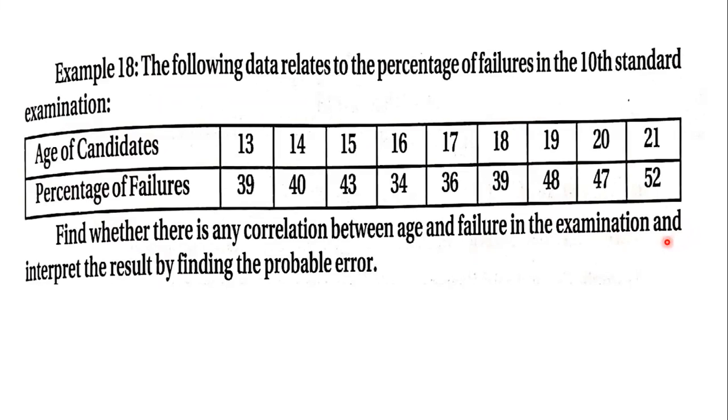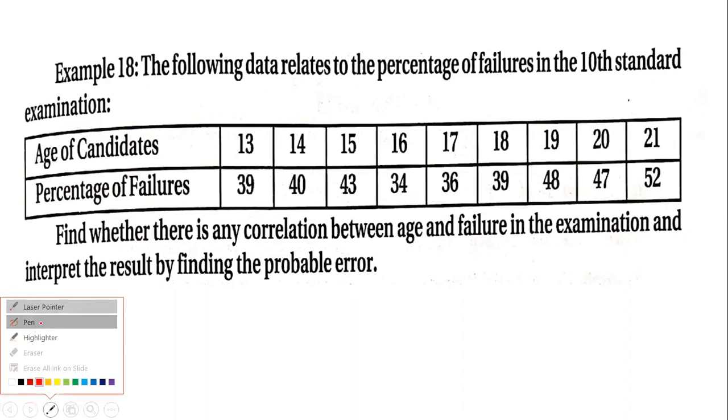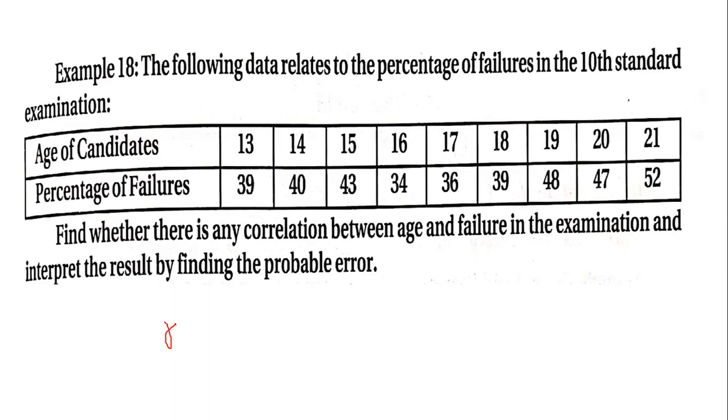So in this question, you are supposed to find the value of R. Okay, we are only supposed to find the value of R. After finding the value of R, you should find the value of probable error. And then you are supposed to interpret the result. We have to find out if R is significant or not.